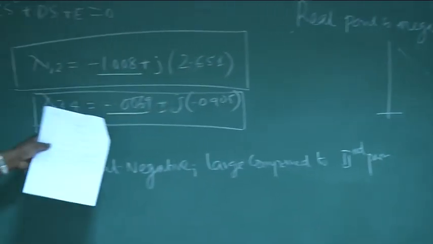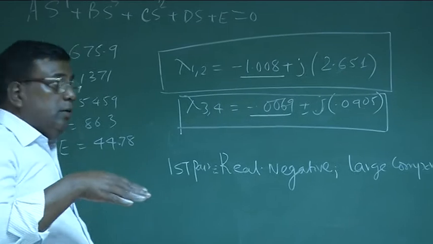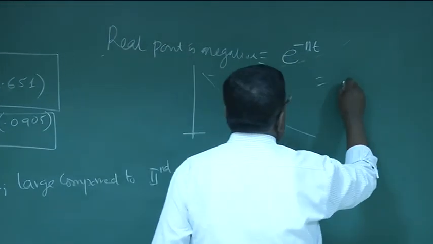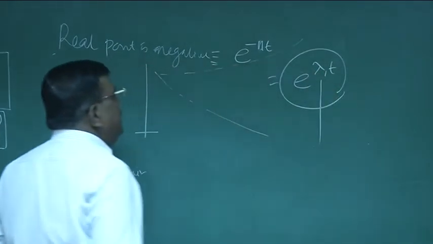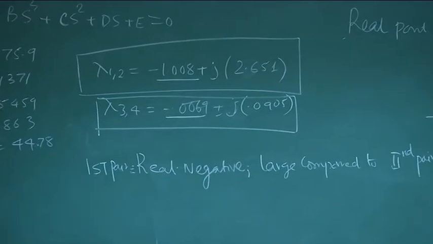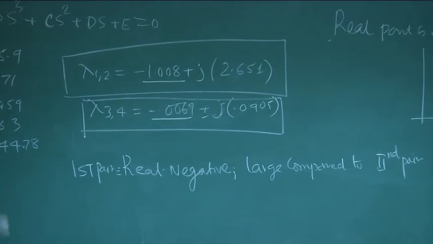If the real root is positive, then it will go on growing, because this is typically e to the power lambda t. If lambda 1 is negative, the real part is negative, which is the case here. Both are negative, that means both are trying to cut down the amplitude, and it is oscillatory also.